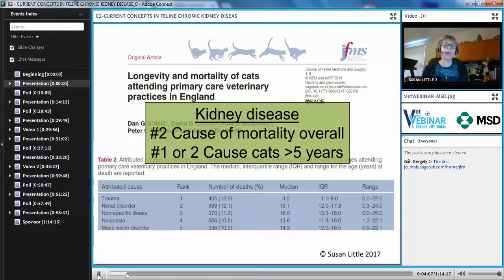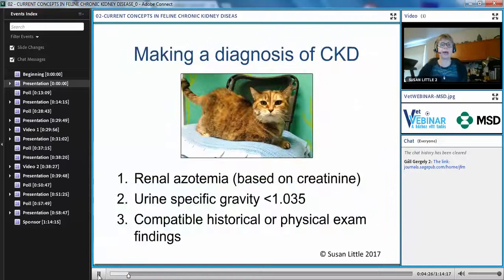And for cats that were over 5 years of age, renal disease was listed as either the first or the second cause of mortality in those cats. So of course, as cats get older, we see a higher prevalence of chronic kidney disease, and therefore we see more deaths as cats get older. Just to illustrate to you, of course, why this is such an important clinical problem.